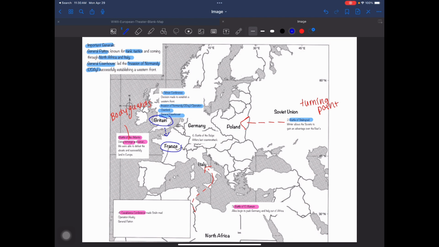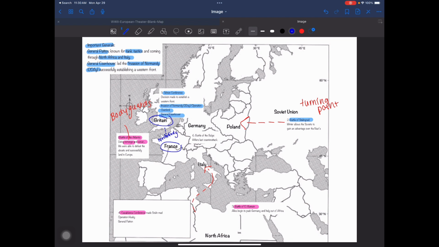When they invaded France in 1940, they easily took over the capital of Paris. And so when we're invading France here, we're not invading our ally. We're invading Nazi-occupied France. And again, this is called the invasion of Normandy. That can be confusing as well. This most northern part of France, it's called Normandy.